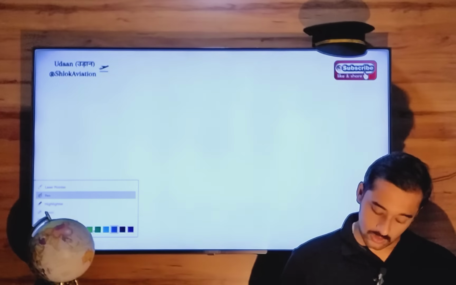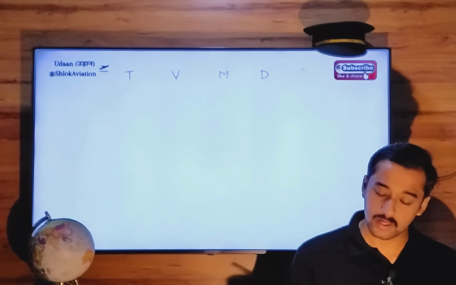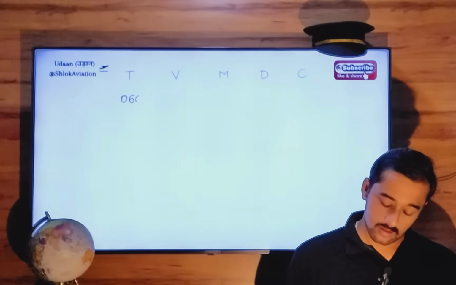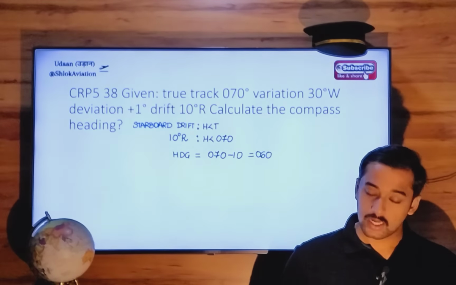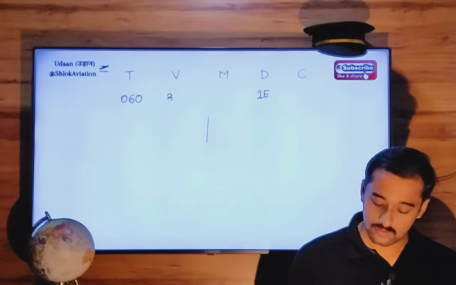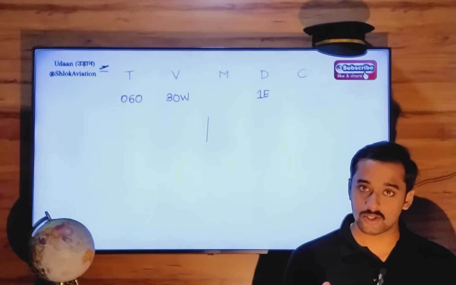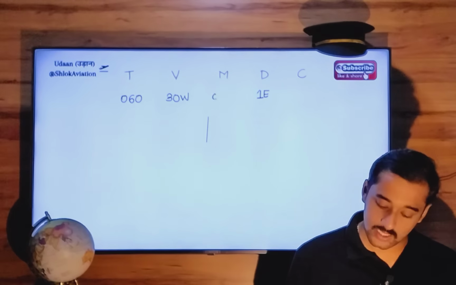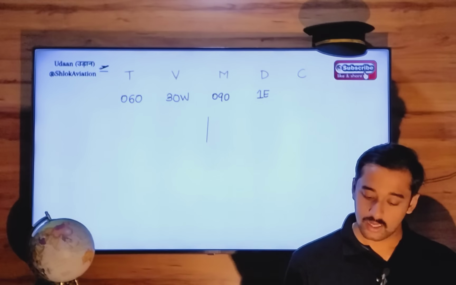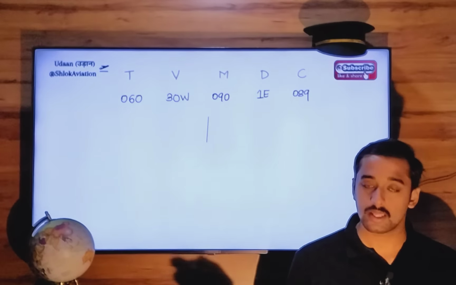Okay. So true, variation, magnetic, deviation, compass. True heading 060, variation 30 west, deviation 1 east. Variation west, magnetic will be best. So magnetic will be more than true. So 060 plus 30 is 090. Deviation east, compass is least. So compass is less than magnetic. 090 minus 1, 089.